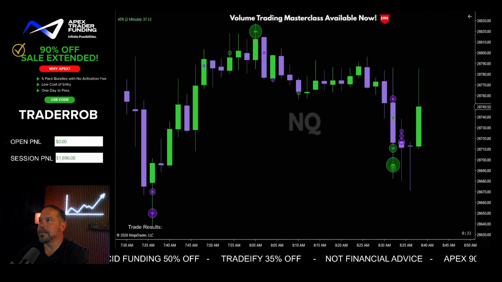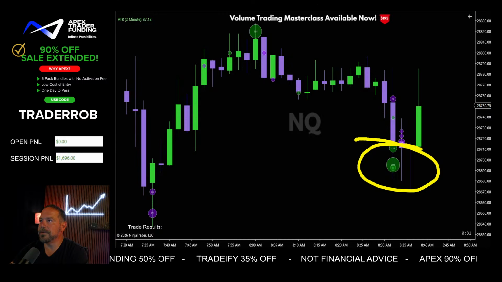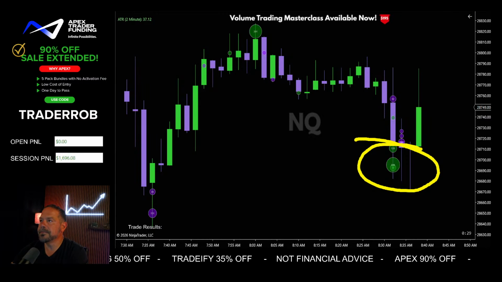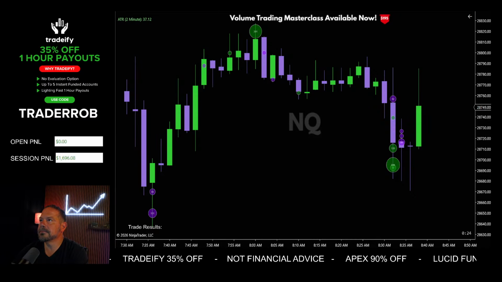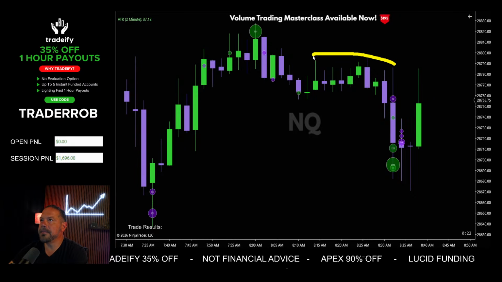I mean, as of right now, the bulls are controlling this area right here. But they also can't get past this pressure right here.